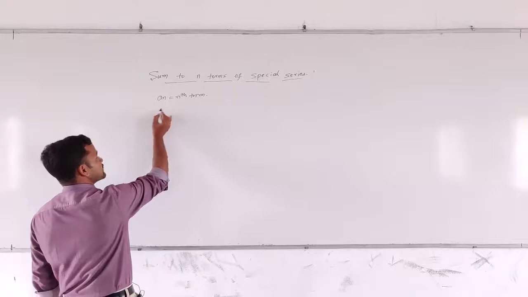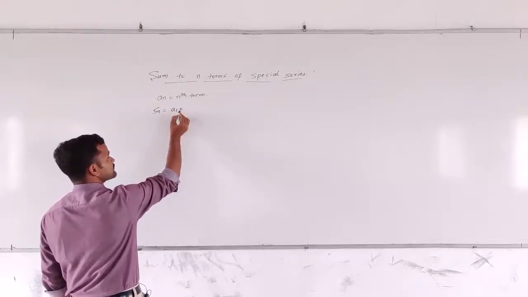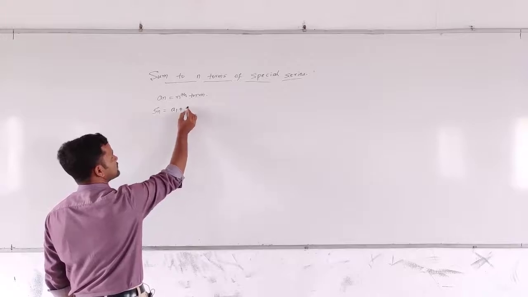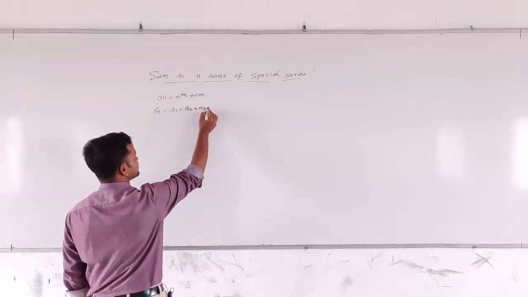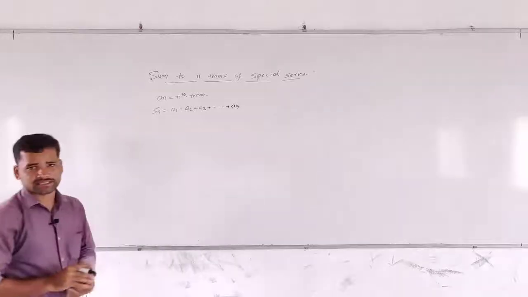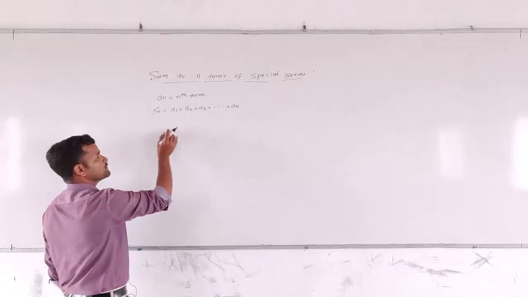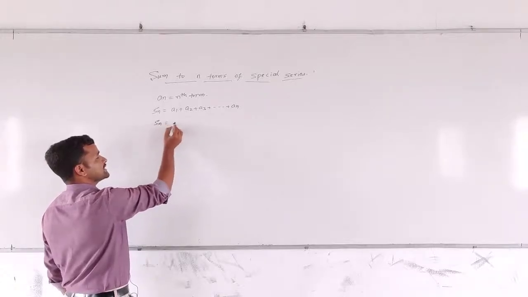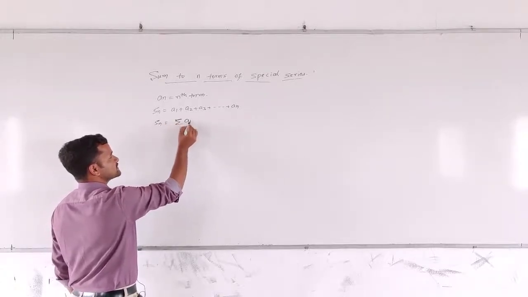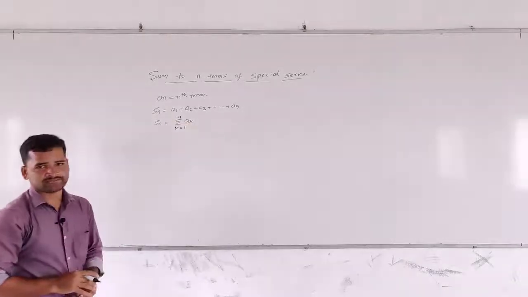Sn is the sum of the first n terms, a1 plus a2 plus a3 and so on up to an. Sn we will be calculating. This can be written as Sn is equal to summation of ak, where k varies from 1 to n.